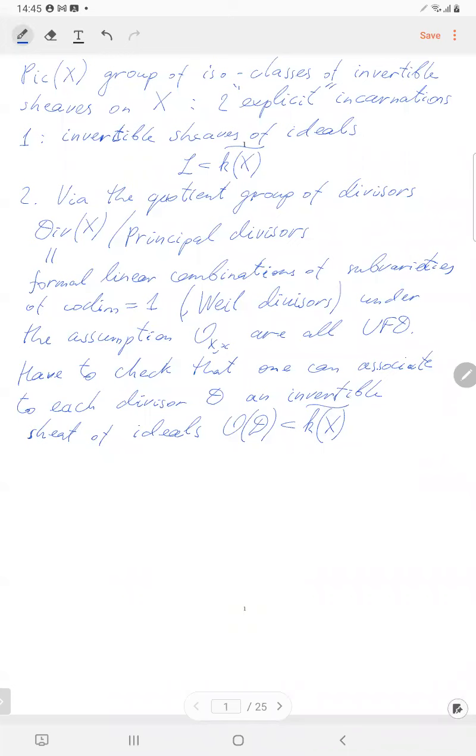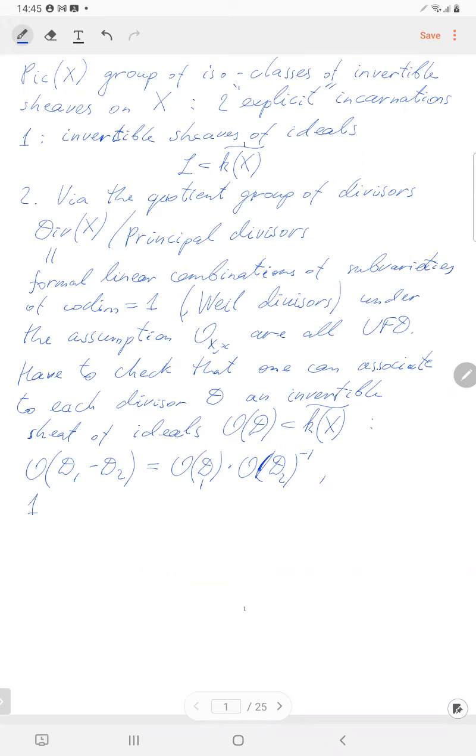So I want to associate it in the following way, so that O of D1 minus D2 is O of D1 times O of D2 inverse.